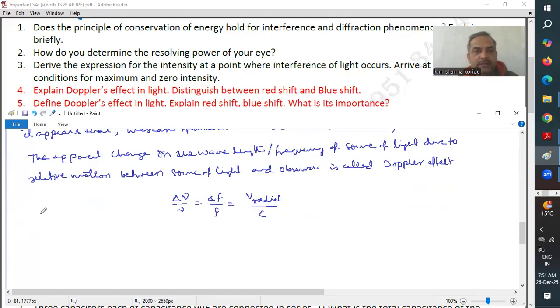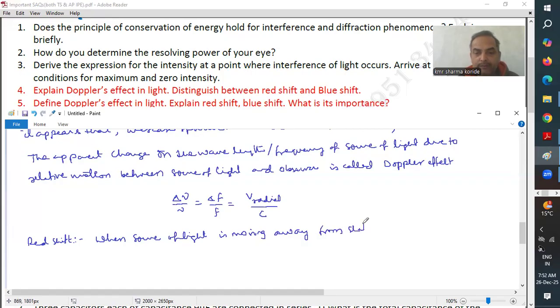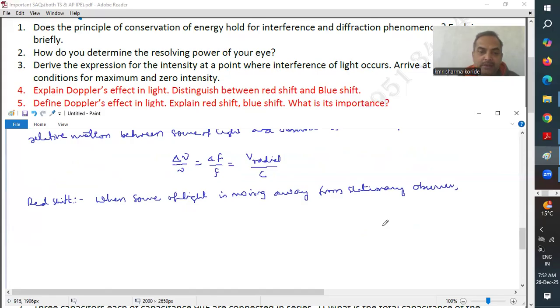Now let us continue. What is red shift and blue shift? We all know that wavelength of red is maximum. So when do you get maximum wavelength? Means when source of light goes away. When source of light is moving away from the stationary observer, it appears that wavelength increases.